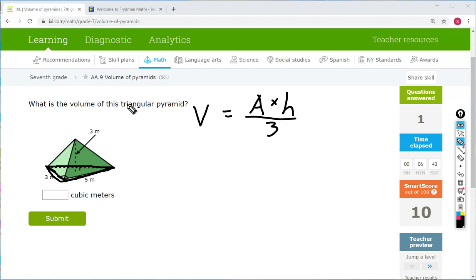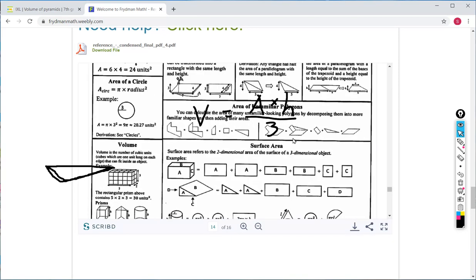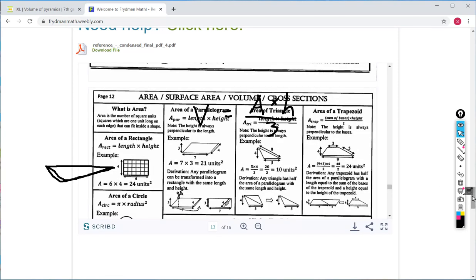Let's review how to find the area of a triangle. The area of a triangle is the length times the height, meaning the height of the triangle, not the height of the pyramid. The length times the height divided by 2.